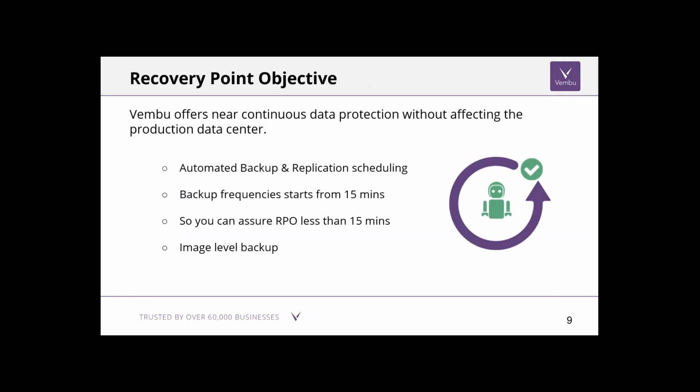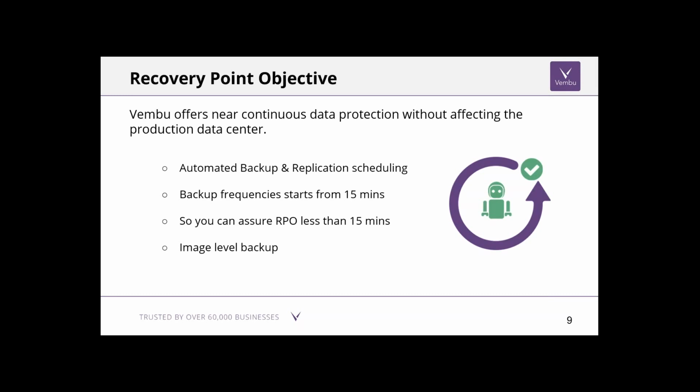When we talk about recovery point objective, as I said earlier, we support automated backups and replication scheduling, and you can choose backup frequencies of 15 minutes, 30 minutes, or every hour, or you can even run the backups daily or weekly. It's up to you. Based on your RPO policies, you can select those frequencies, and the backups will be automatically triggered.